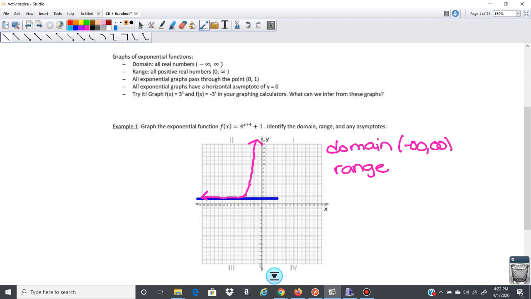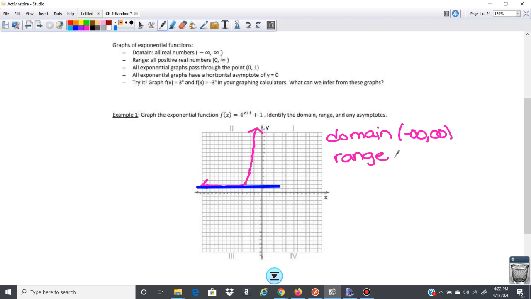There we go. So we've got this horizontal asymptote right here that we're approaching at y equals 1. So that's going to be our range, from 1 to positive infinity. And we're not going to have a bracket there, because we're not actually going to touch 1. We're just approaching that value. And then the asymptote would be this one here, y equals 1.